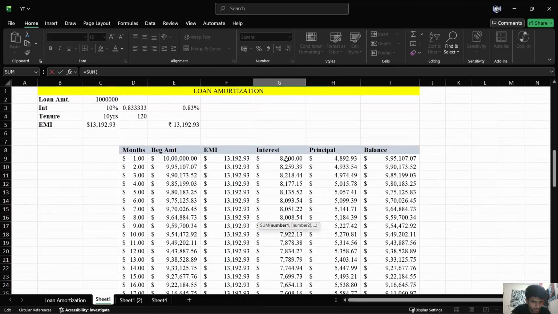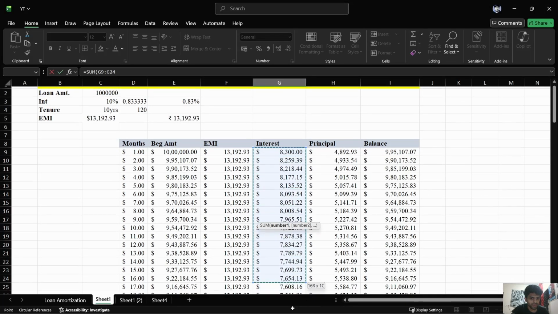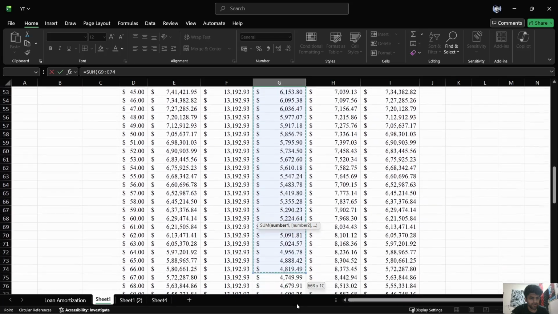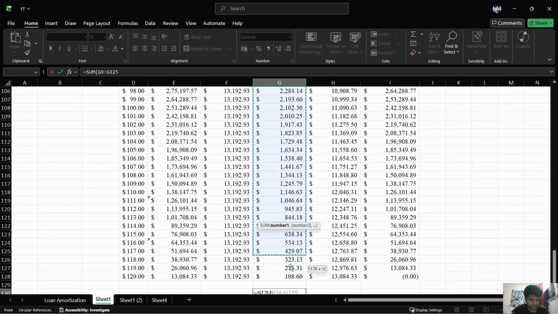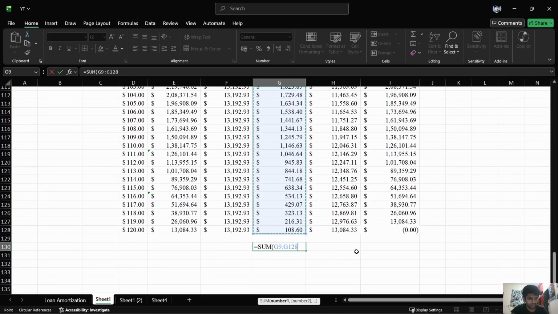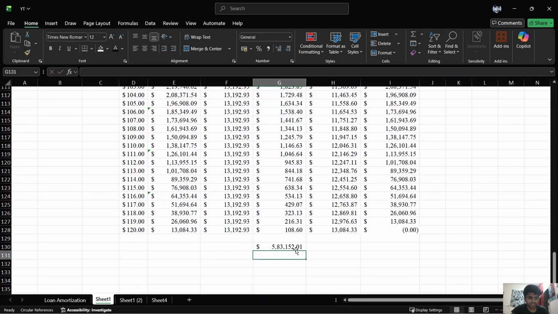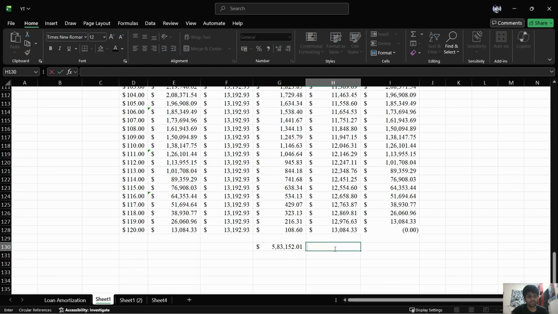First we'll take the interest of the first month and select all the interests for the period of 120 months, and it would give us the exact amount, which is 5,83,152 rupees 0.01 paise.